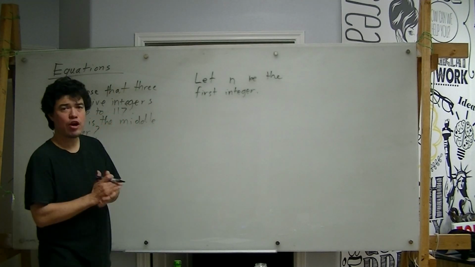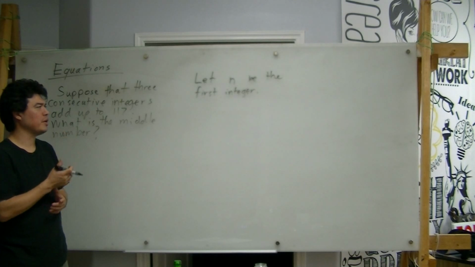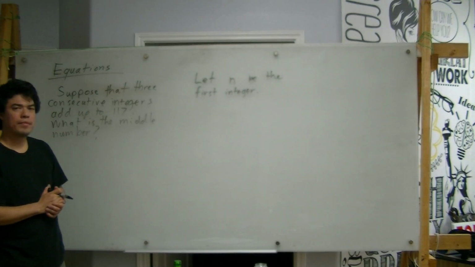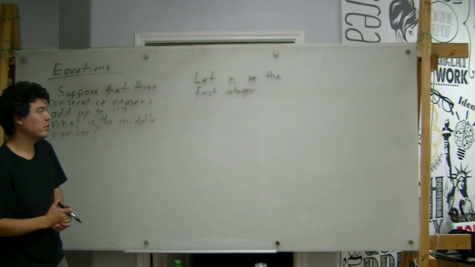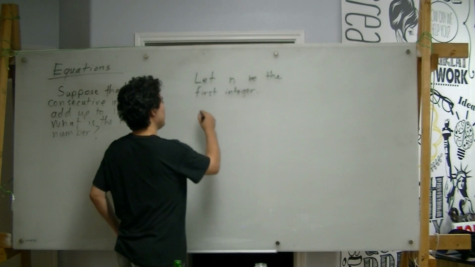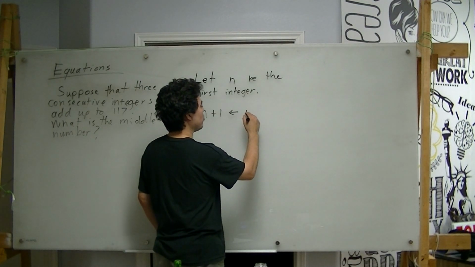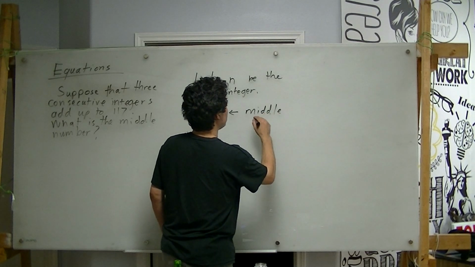Okay, I hope you've thought about that for a little, but I'm going to answer it now. The relationship between this integer and the integer that's consecutive to it, the next integer, is that the next integer will be n plus 1. So this will be the second integer, or we can call it the middle one, the middle integer.